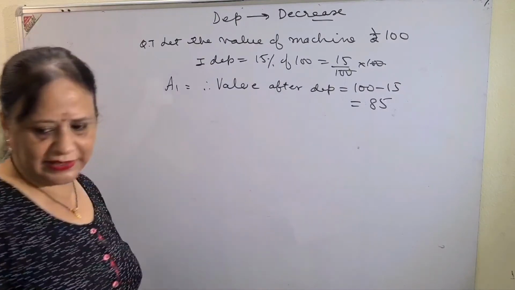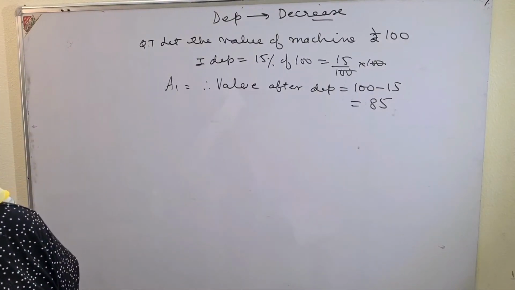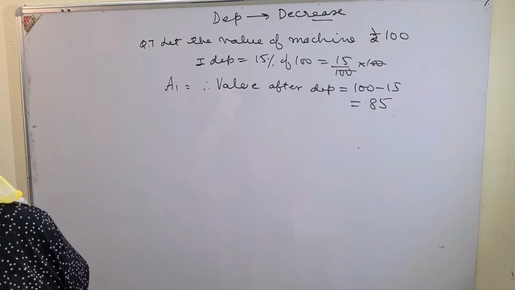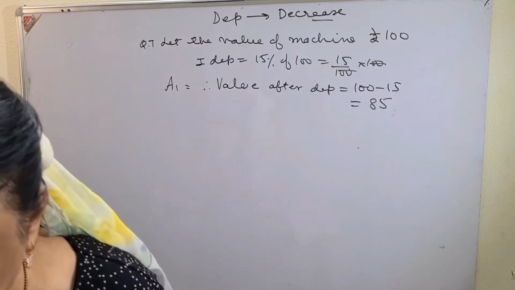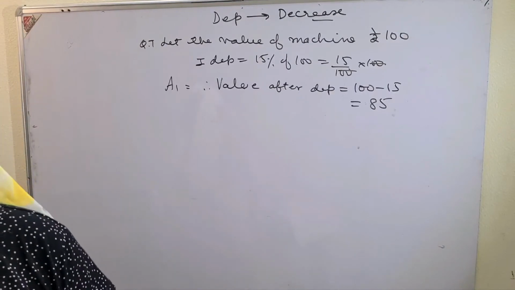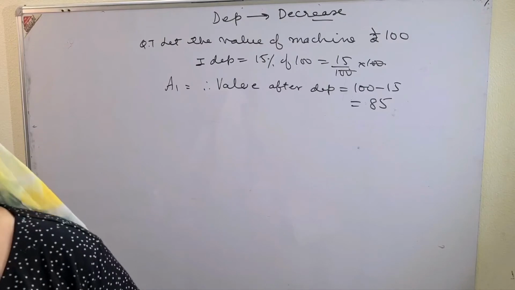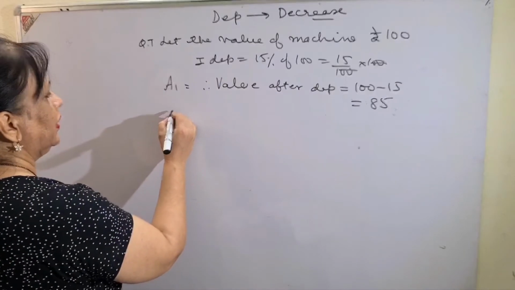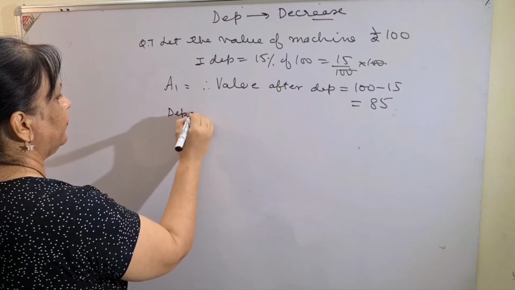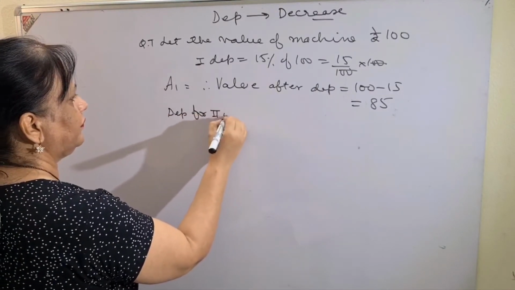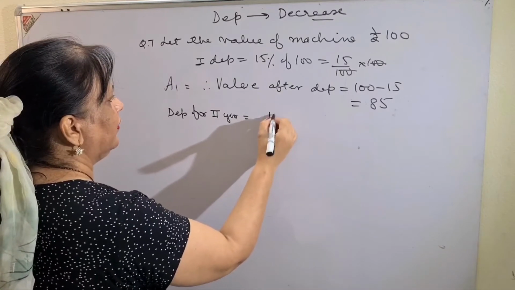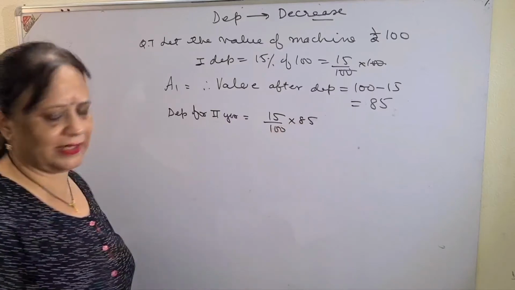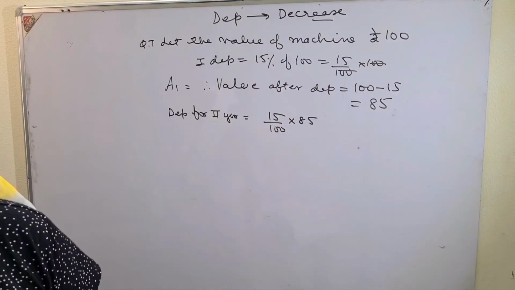Now he says, find the original cost of the machine if it depreciates by rupees 5355 during the second year. That means you have to go for the second year also. What will be the depreciation for the second year? Depreciation for the second year will be again 15% of 85, because he said that it depreciates by 15% every year.